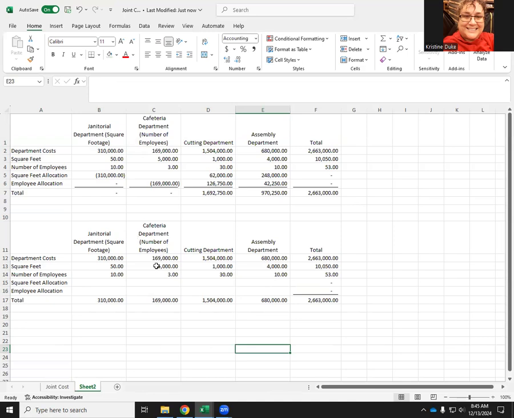What I need to do is take the janitorial service and the cafeteria service costs and move them over into these direct departments. With the direct method, we're not going to consider allocating this back and forth. Thank God. So I'm going to determine what my percentage is.